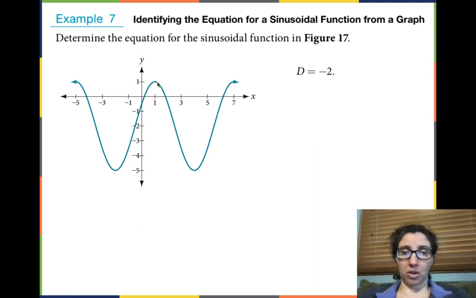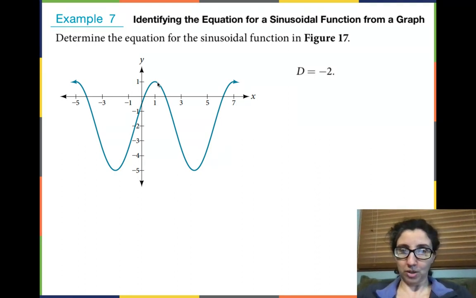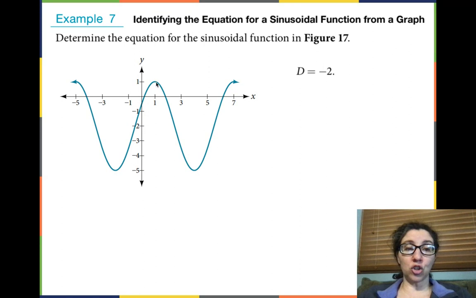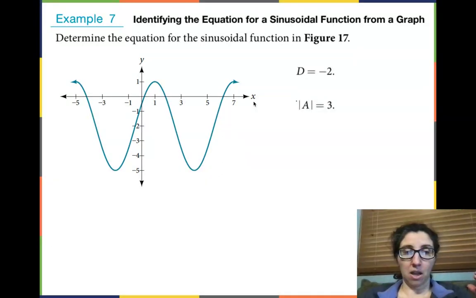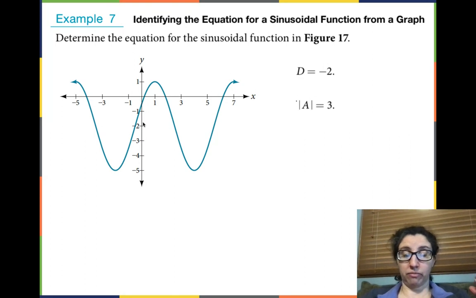D, our vertical shift, our midline, looks like it's down here at -2, right? Because we go 3 units down and 3 units up from -2. So our vertical shift is down by 2. Our amplitude is 3, right? We go 3 units up and down from that point.